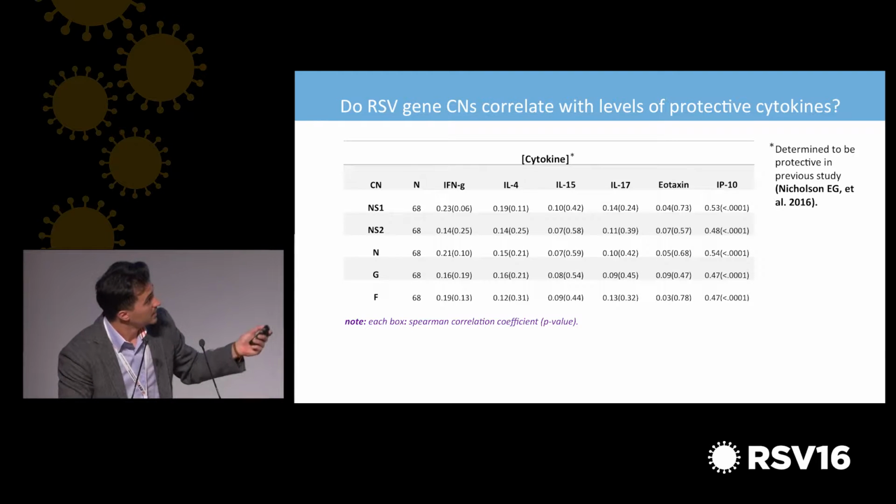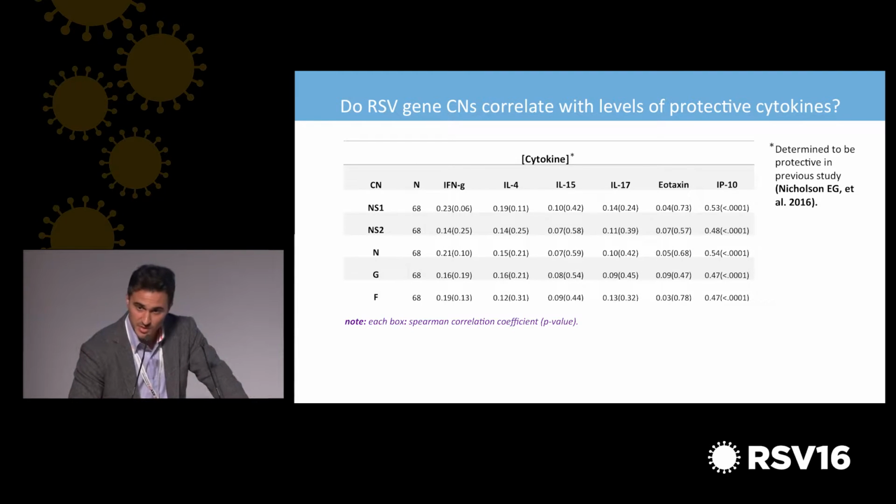And each box in the table has a Spearman correlation coefficient, and in parentheses, a p-value for the relevant RSV gene copy number and cytokine pair. And I'm showing unnormalized data. And when you look at unnormalized data, you can see that there's strong correlations between levels of IP10 and every RSV gene copy number measured.